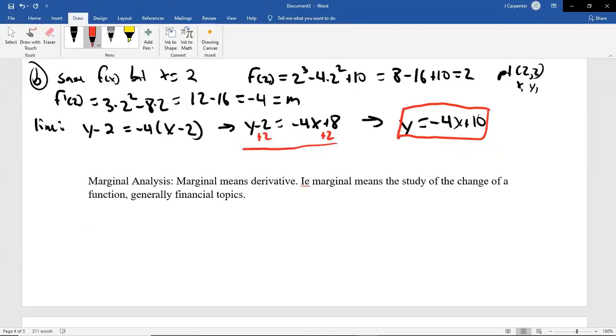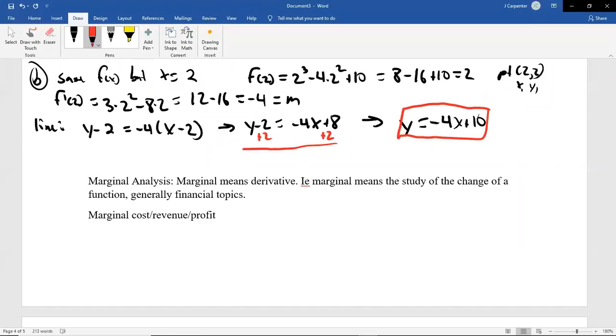So when you want a marginal revenue or a marginal profit or a marginal cost, actually, let me do it in the same order to be consistent: cost, revenue, profit.